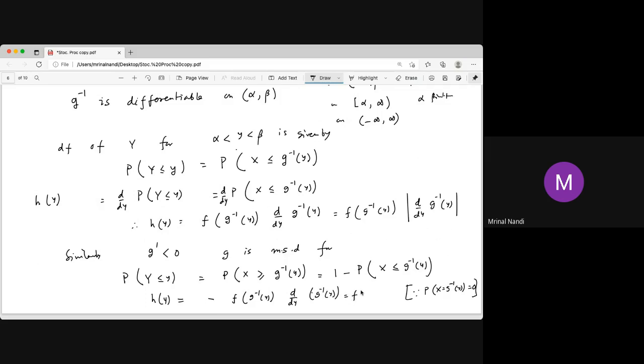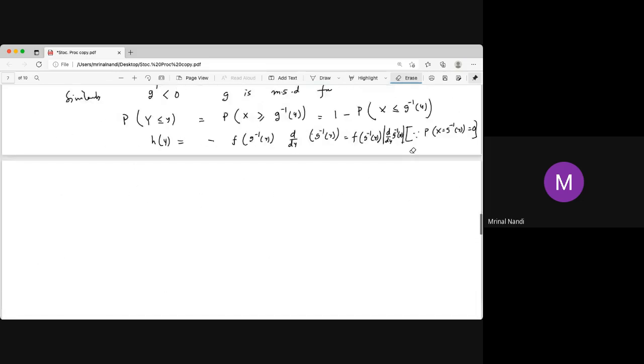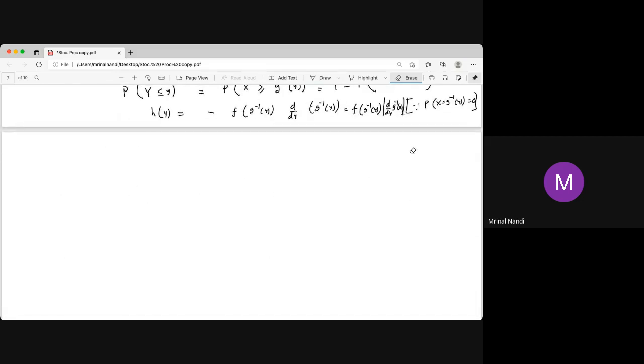Since it is negative, we take the minus sign inside and put the mod value. So this is the mod of d/dy of g inverse y. So this completes the proof in both cases, strictly increasing or strictly decreasing.